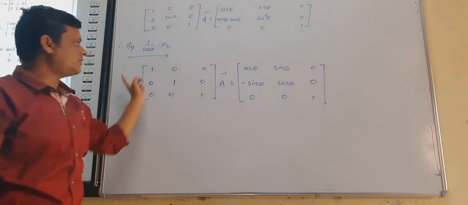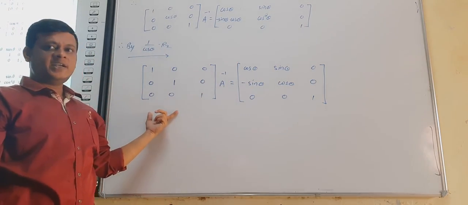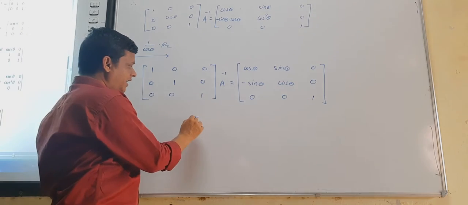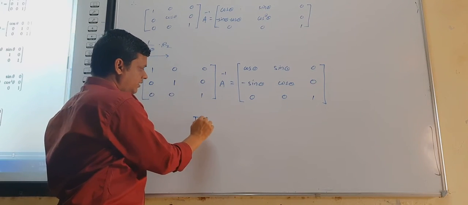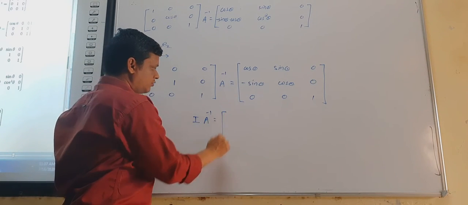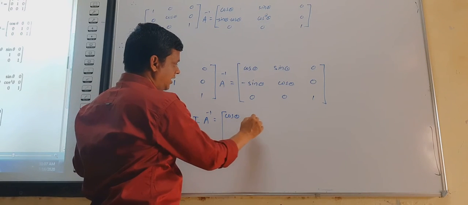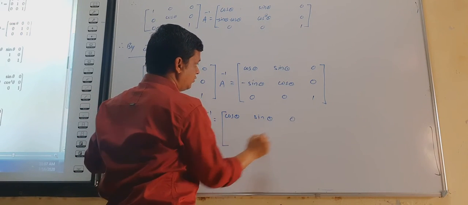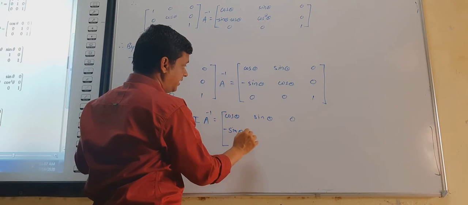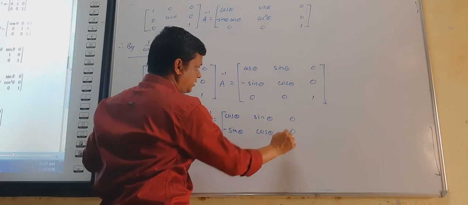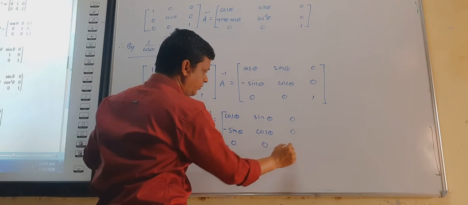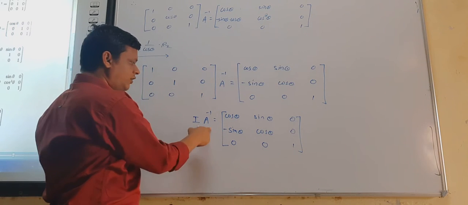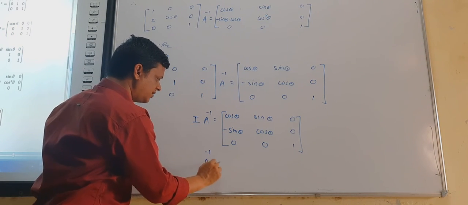Now observe this matrix. This is the identity matrix. So we write I into A inverse equals this matrix: cos theta sin theta 0, minus sin theta cos theta 0, 0 0 1. I into A inverse is equal to A inverse.